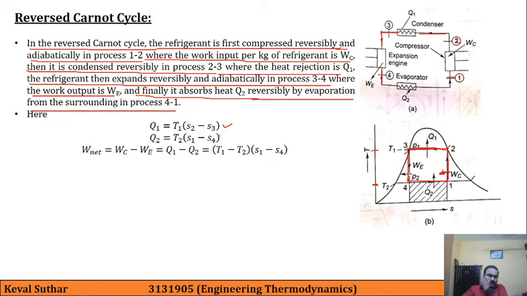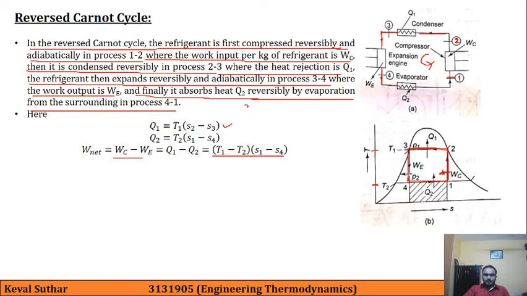Now this entire cycle has an anti-clockwise nature, so the net work will be input here. So WC minus WE is Q1 minus Q2. And finally we get this. Why is it this way?